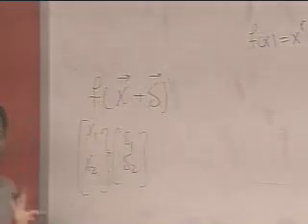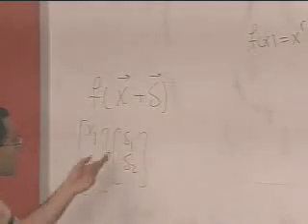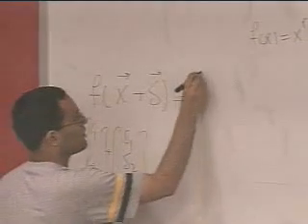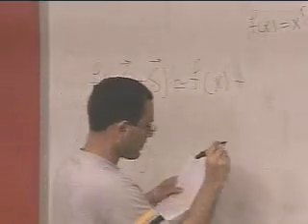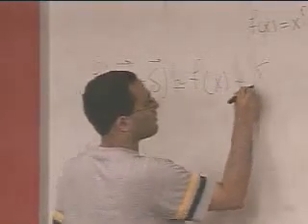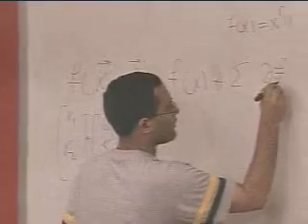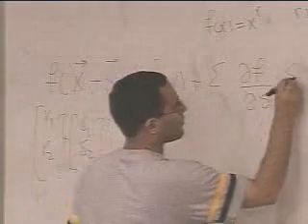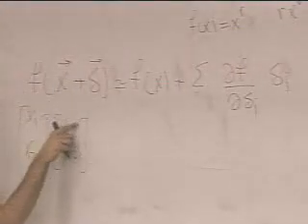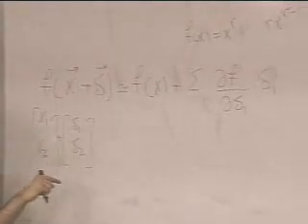They are not necessarily equal. If you want to see how much the change is, it's f of x plus the sum of partial f over partial x_i multiplied by delta i. So we are taking the derivative in this direction multiplied by this, and the derivative in that direction multiplied by that.